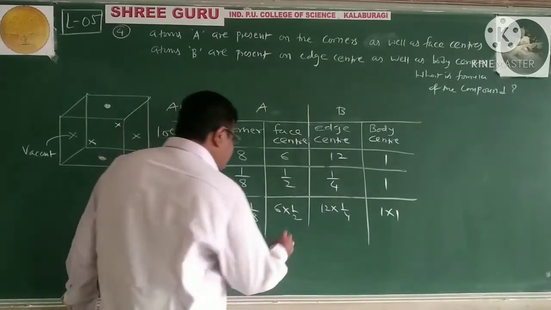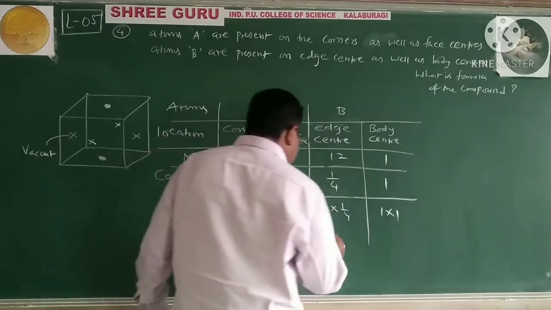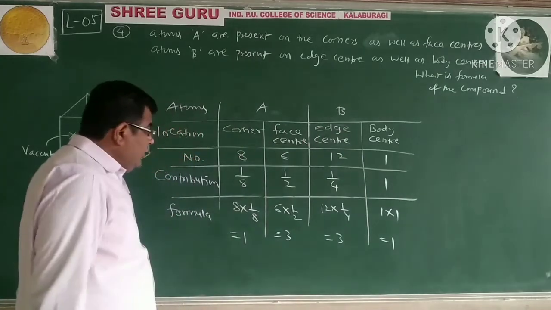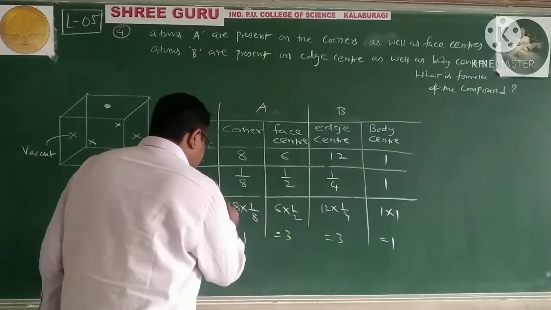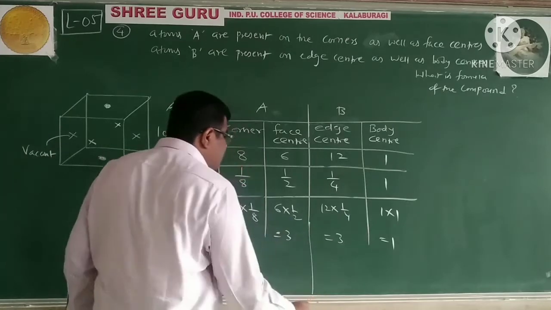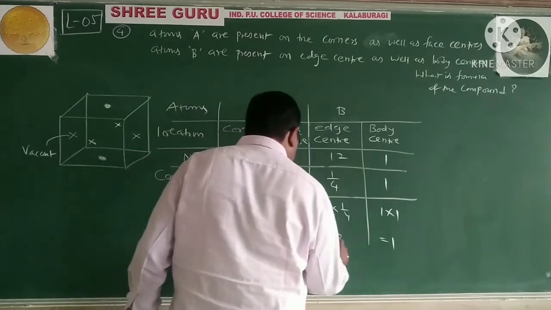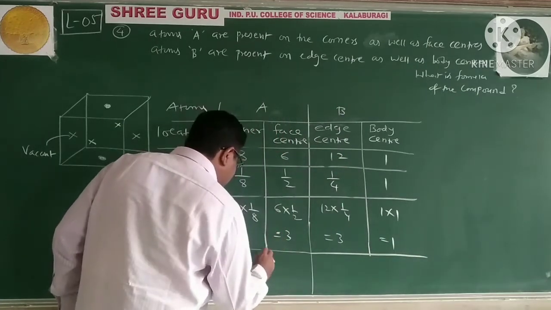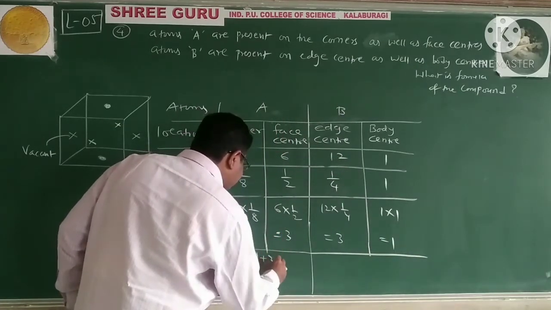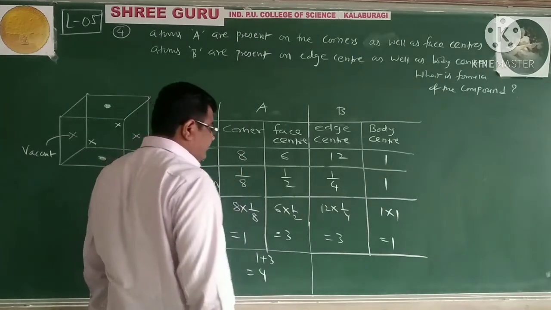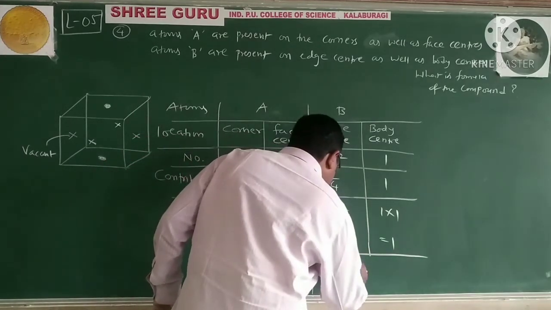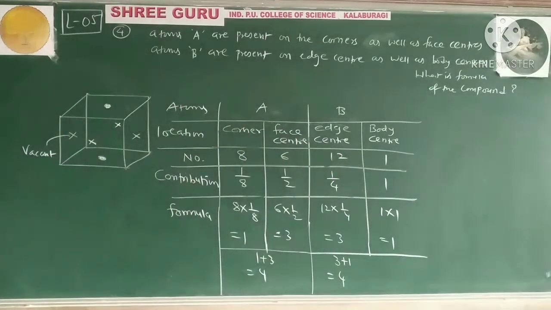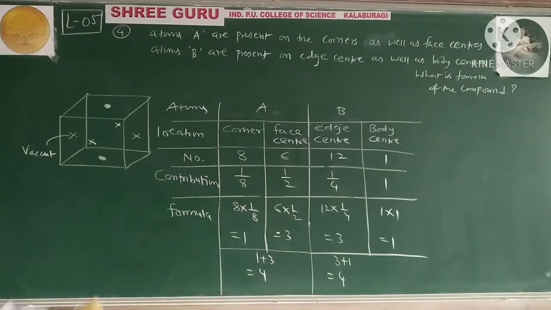That equals 1, 3, 3, 1. So what is the contribution of A here? A is 1 plus 3 equals 4, and B is 3 plus 1 equals 4, isn't it? A is also 4 and B is also 4.